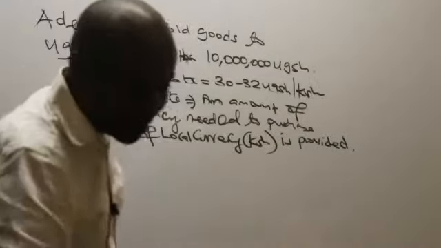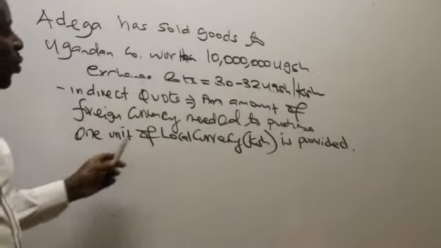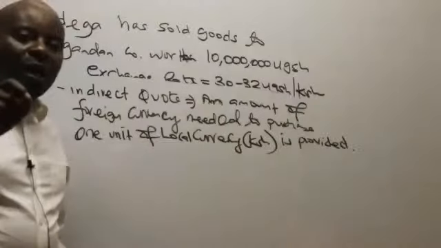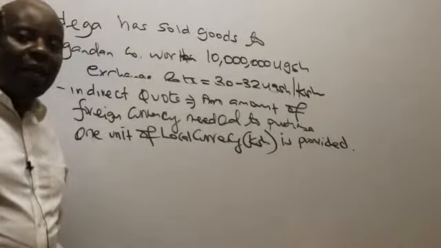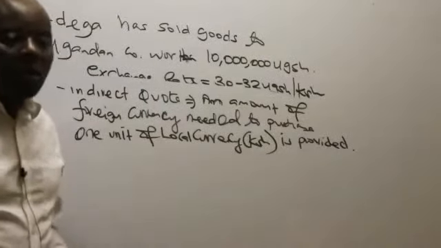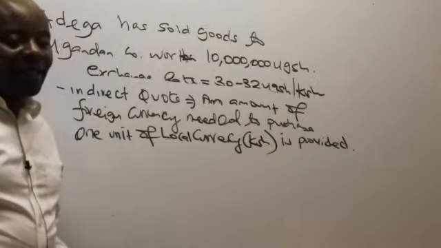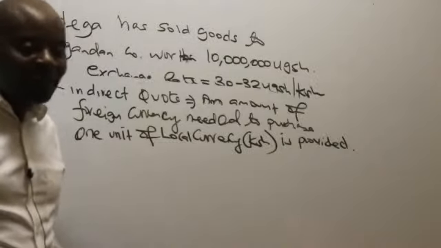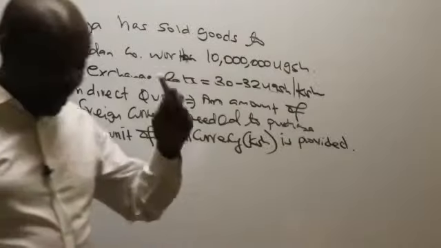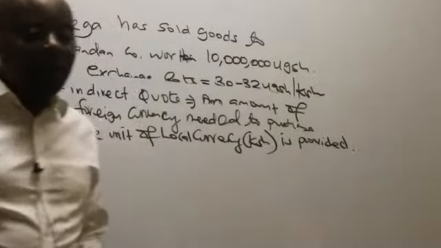I love that. Tell us there that for indirect quotes, banks buy high and they sell low in order to make a profit.